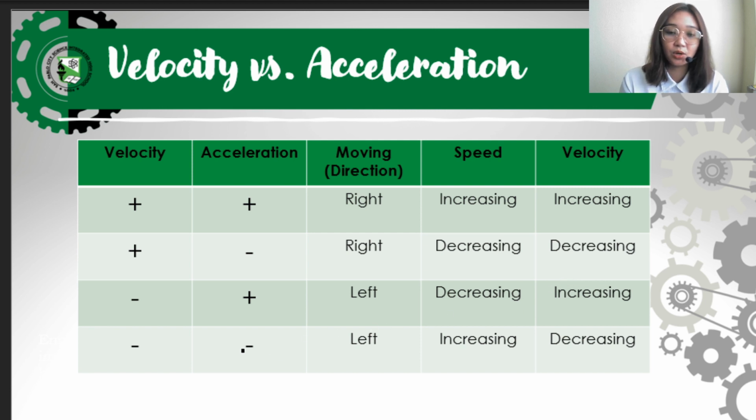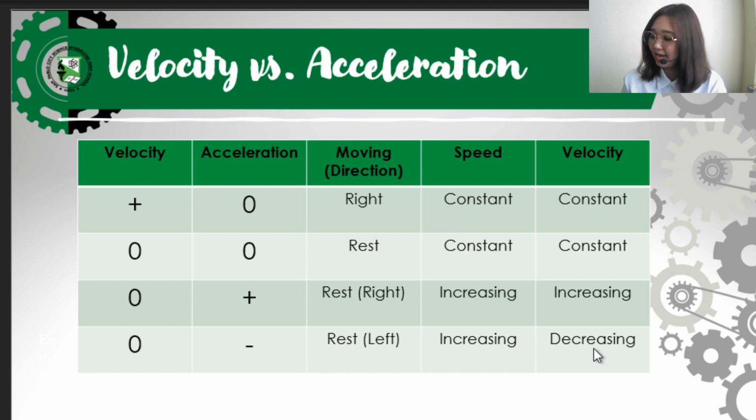Next, if we have negative velocity but a positive acceleration, the body is moving to the left, with decreasing speed and increasing velocity. Next, if both velocity and acceleration are negative, the body is most probably moving to the left with increasing speed but decreasing velocity.